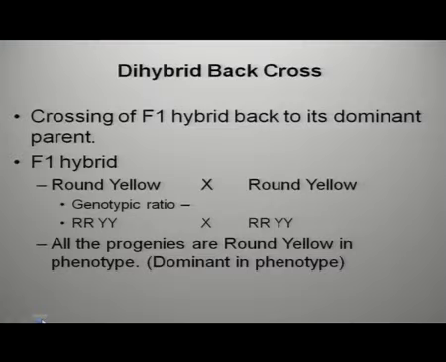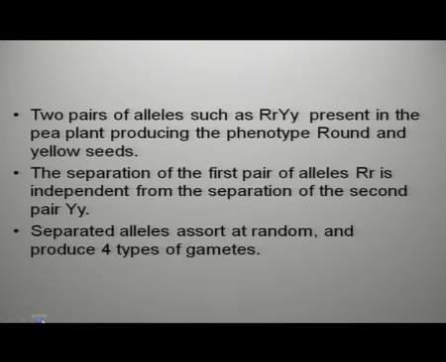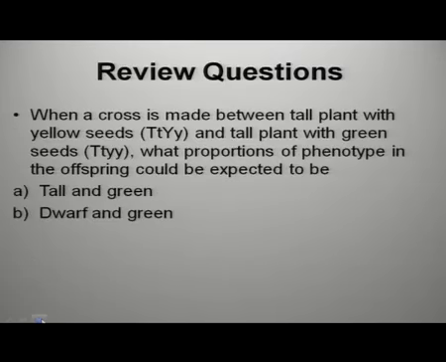Now it is the time for the review questions. Here is the review question for you. When a cross is made between tall plant with yellow seed, see the genotype, it is heterozygous for both the pairs of alleles, so it is a F1 dihybrid, and tall plant with green seed, heterozygous for one pair of alleles, and green seed, that is homozygous recessive character.